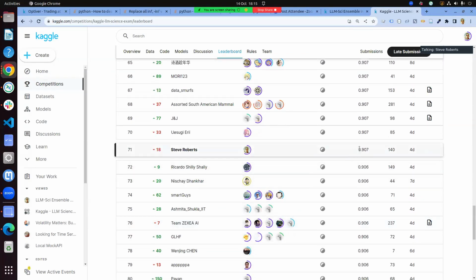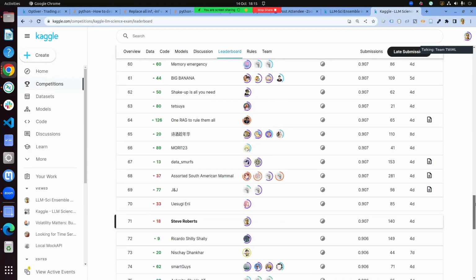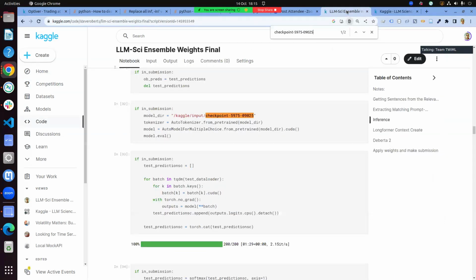Yeah, 0.907, and mine is 0.895. So the 0.012 delta is entirely from the ensembles. I was pleased that it shows exactly how much you and Rekil benefited from just ensembling compared to my single, because my single is just one of your ensembles.